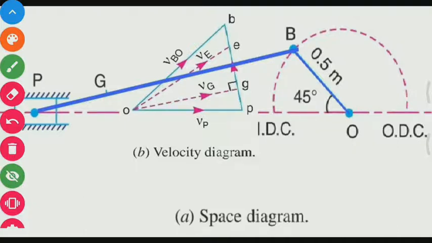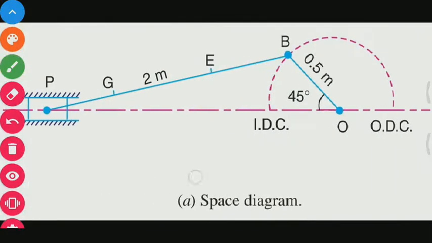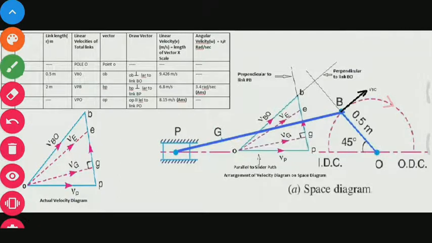Now you can see that vector OB is exactly perpendicular to link OB. Similarly, vector PB is also perpendicular to link PB.